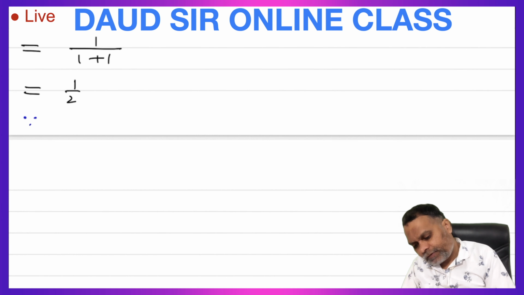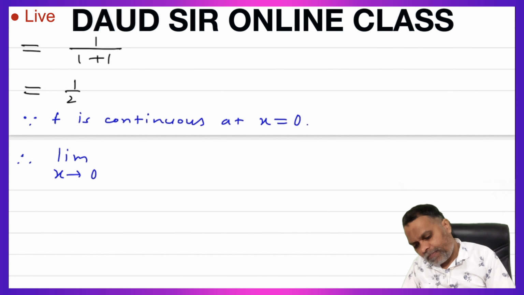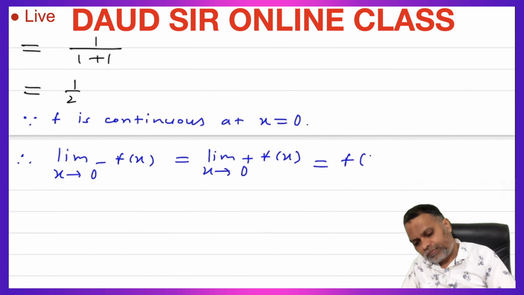Since f is continuous at x is equal to 0, therefore, left hand limit is equal to right hand limit is equal to f of 0.